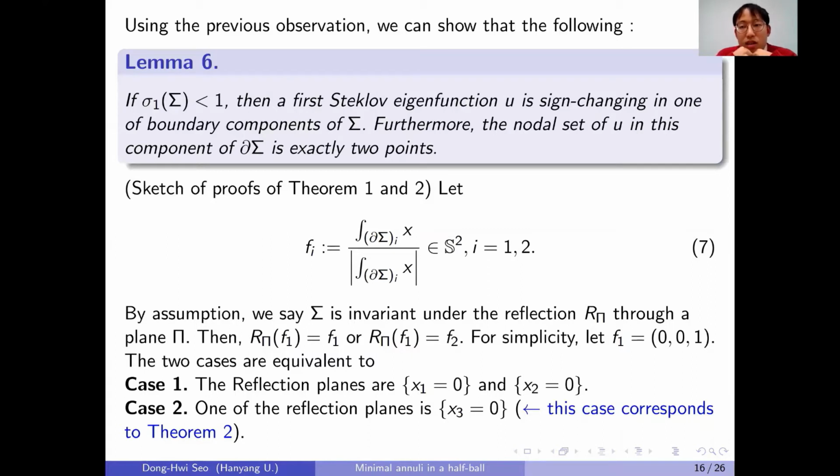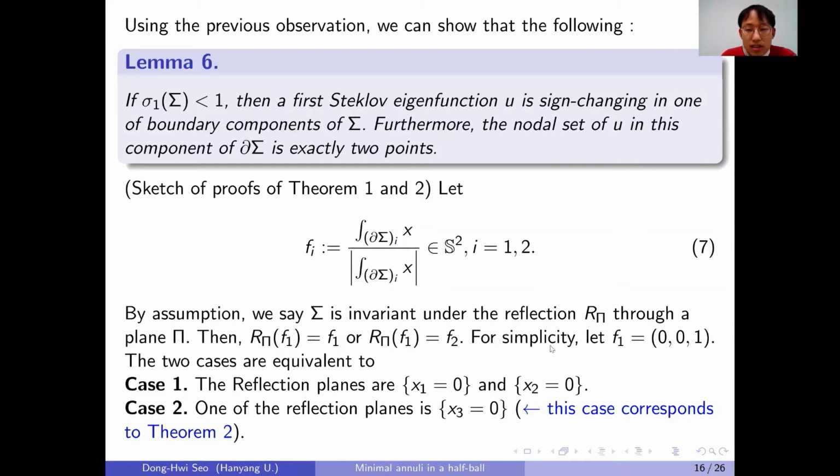And since we have a reflection symmetry of the surface, the reflection maps a boundary component into another boundary component, and it can be the given boundary component or the other boundary component. So the reflection maps small f1 into small f1 itself or small f2.